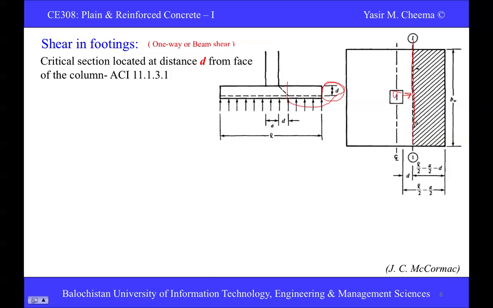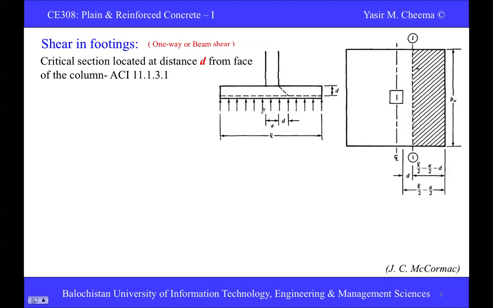This section 1-1 is where the shear strength occurs, and this point is at distance D from the face of the column. You note here, it is at distance D from the face of the column. This column width is represented as a.